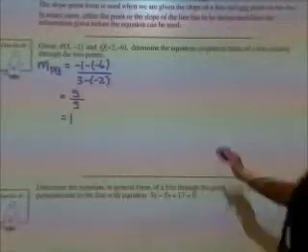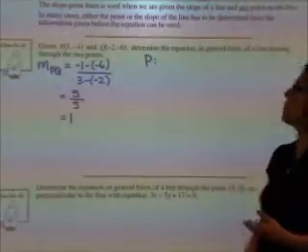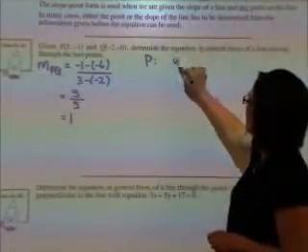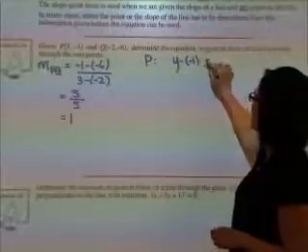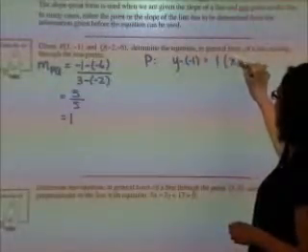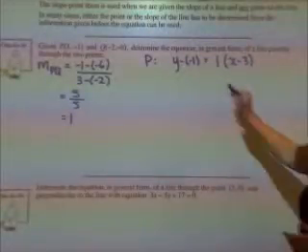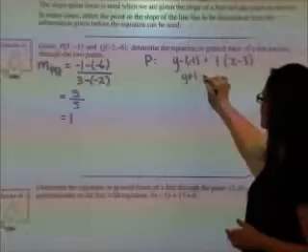So if I chose point P and I did point slope form, I would have y minus y1 equals m times x minus x1. So I'm going to remove my brackets.